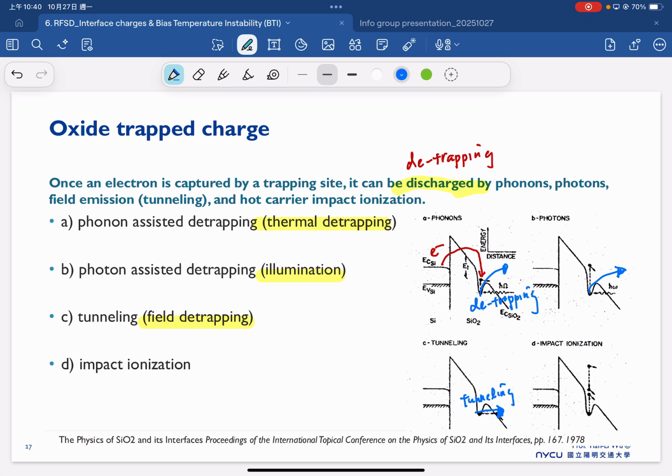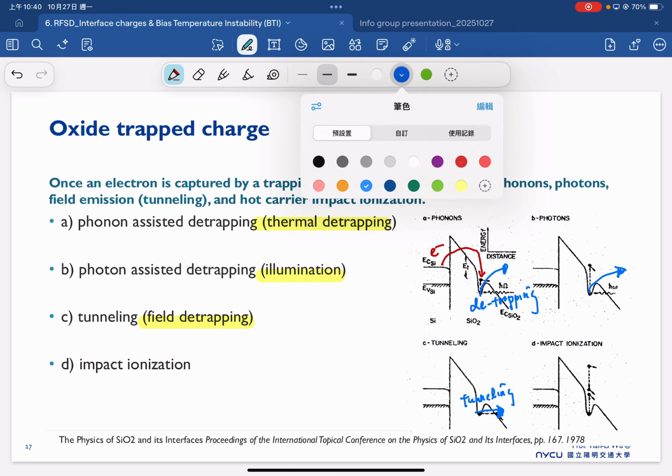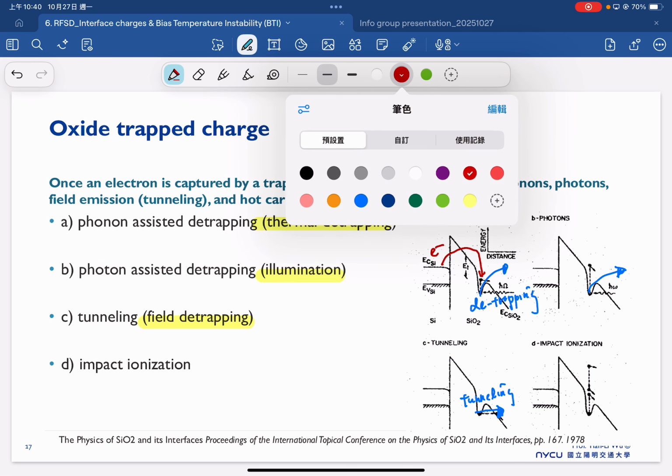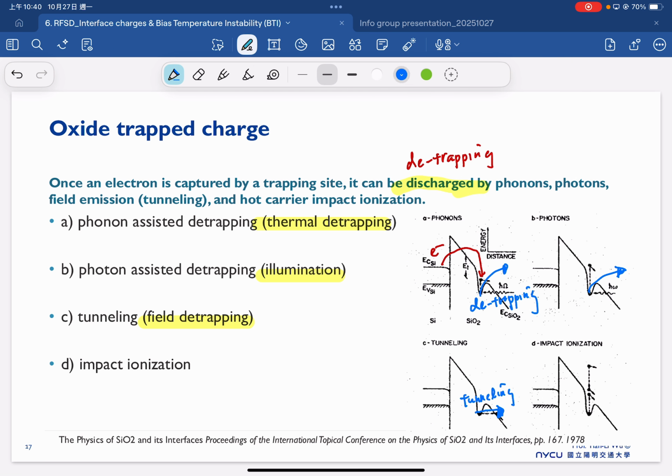And the last one is impact ionization. The impact ionization is mainly because there are additional hole generations here. The hole is recombined with an electron, and because the hole can recombine with the electron, the electron trapping disappears. So that can also be one of the detrapping phenomena.